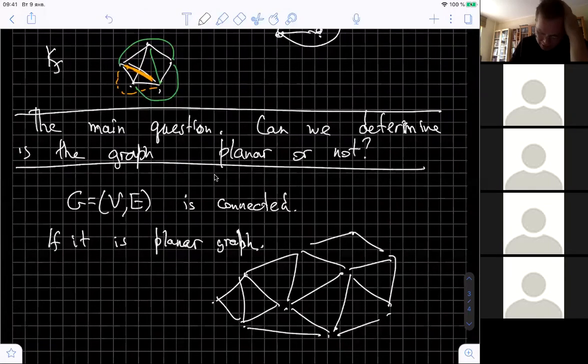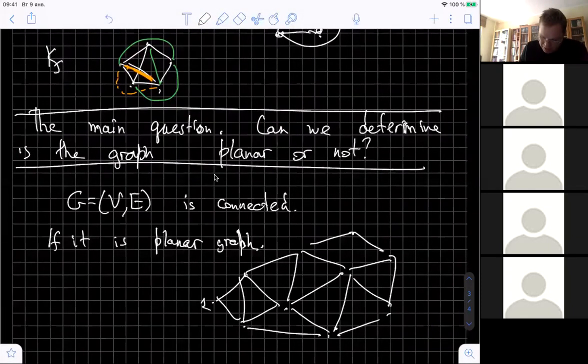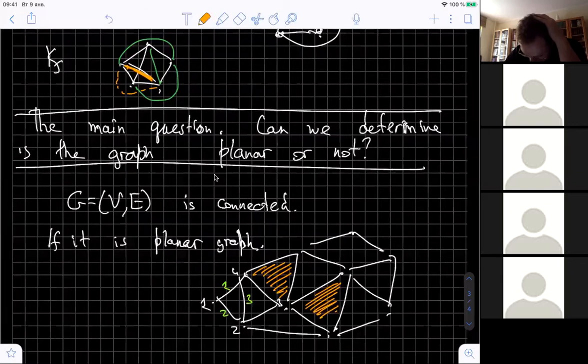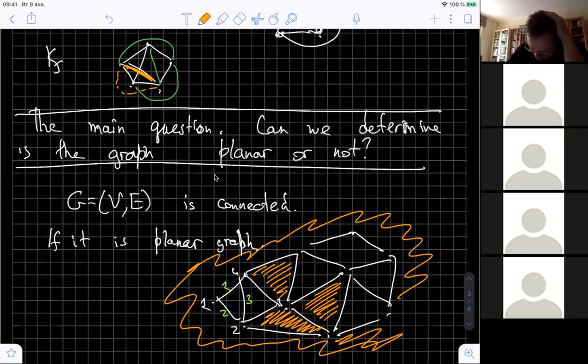If I look, I can see what I have. I have vertices here and edges here. And also my whole plane is divided into connected parts. What are these connected parts? They are called faces.